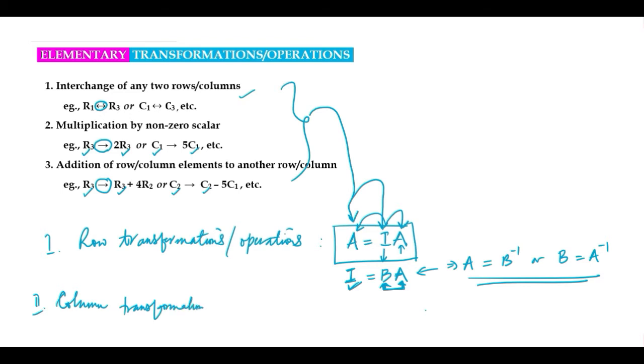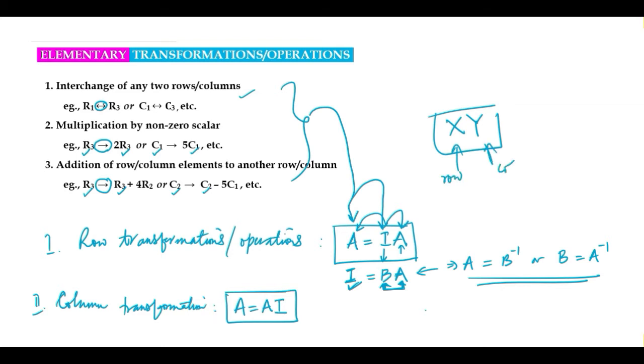Column transformation ading ina a relation na zat depend kha A equal to AI bangja ka hai. A relation tom se chi le whenever you are talking of operations on product matrix, the first one act as row, the second one as column.